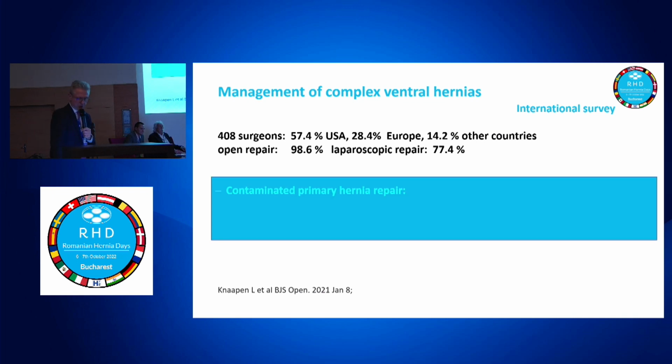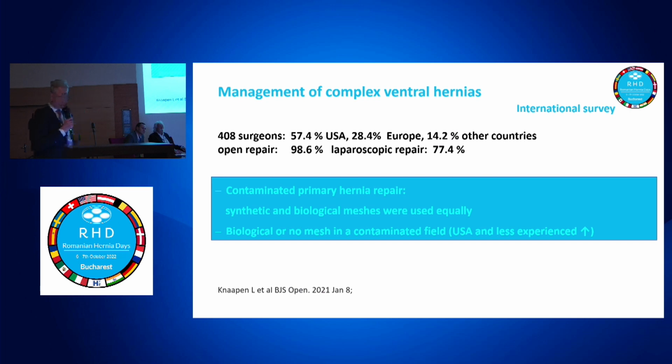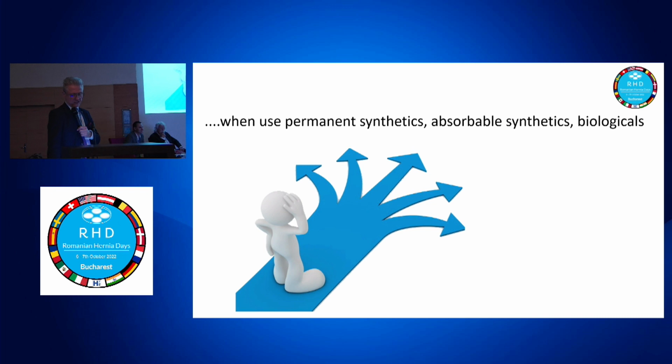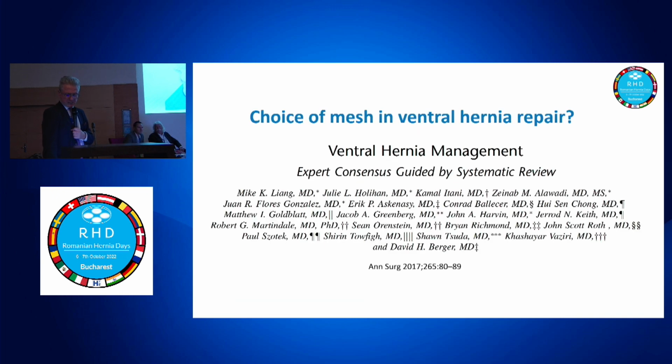And in contaminated primary hernia repair, they used synthetic and biological meshes equally. But if you look at special biological meshes or no mesh in contaminated fields, they were found in the USA and less experienced, and an increase in the number. So what is the question to be answered? When should we use permanent synthetics, absorbable synthetics, or biologicals?